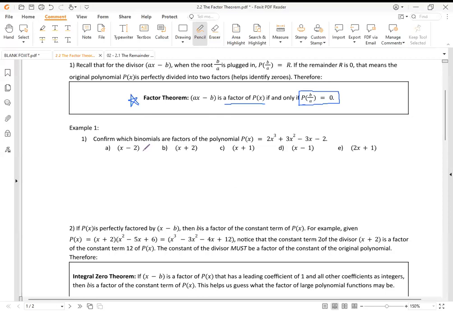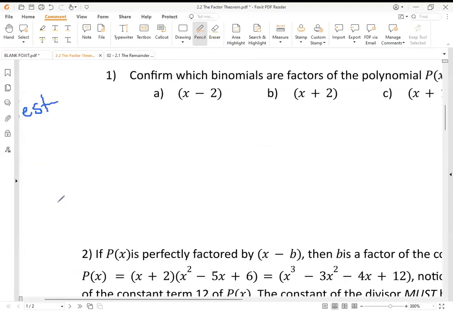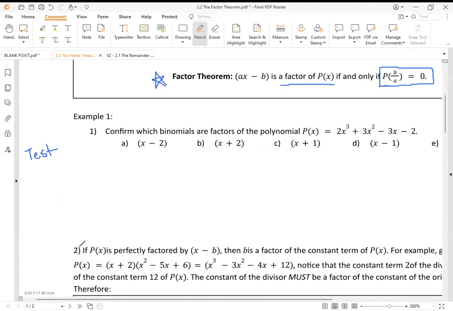The easier method is, okay, test. Let's zoom in a little bit. It's easier to see. Test. If x minus 2 is my factor, I am going to test x equals 2. So let's plug it in.